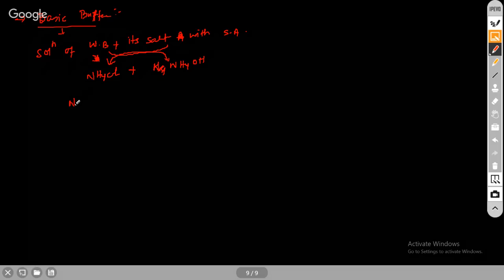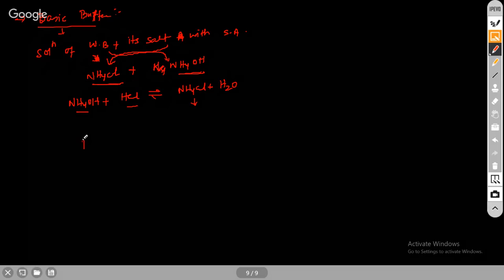Basically, the weak base is NH4OH and the strong acid, suppose I am taking HCl. This also is a reversible reaction. Why? We'll discuss this later on. It gives NH4Cl plus H2O. So NH4Cl is the salt of a weak base and strong acid, and NH4OH is a weak base, right? So whenever you have this combination, NH4Cl plus NH4OH, that also forms a basic buffer, right?